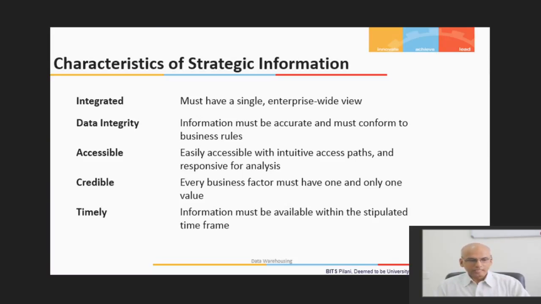So first let us look at the characteristics of strategic information. As we all know, data warehouses are mainly used by the decision makers and the knowledge workers. They are not interested in the operational information, but rather they take strategic decisions based on the multidimensional information of the organization.